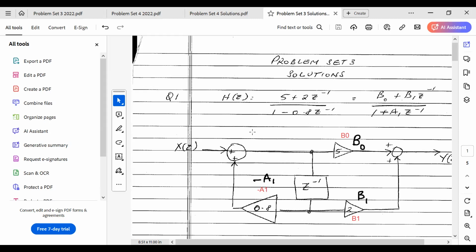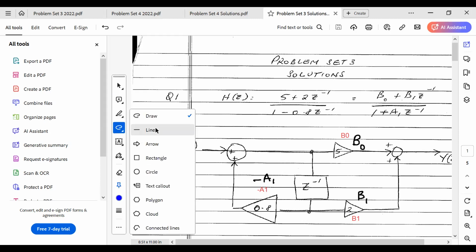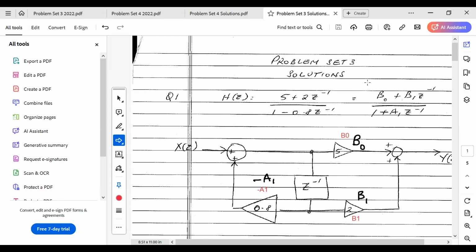The direct form is that you implement it as it occurs, the data flow is as it occurs. The standard form is as you're seeing on the screen here, that expression.